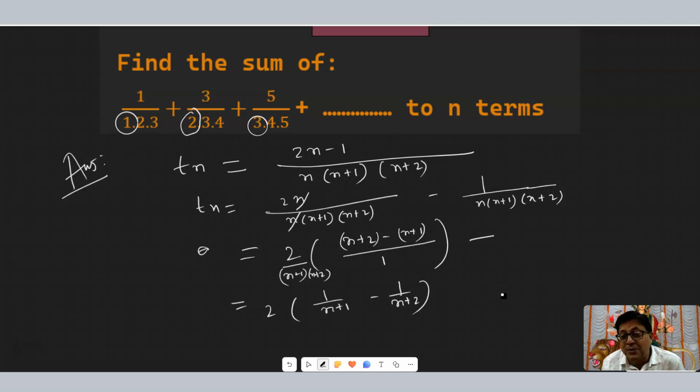Let's see about this one. This will remain as it is, n, n plus 1, n plus 2. What manipulation, what modification are we going to do? In the numerator we write n plus 2, the last factor, minus the first factor, divided by the difference. It's alright. Last factor n plus 2, first one n. Numerator is difference of 2, that divided by the actual difference.